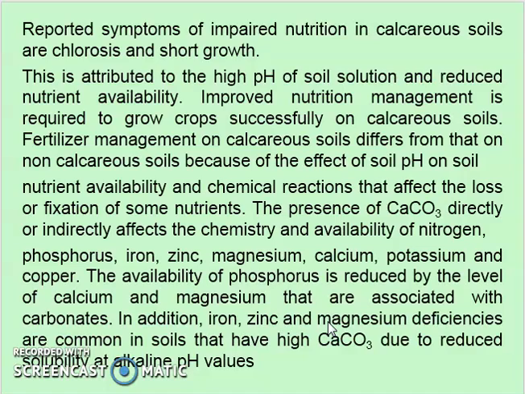The availability of phosphorus is reduced by the level of calcium and magnesium that are associated with carbonate. Calcium and magnesium associated with bicarbonate precipitate as calcium carbonate. Furthermore, iron, zinc, and magnesium deficiency are common in this type of soil due to reduced solubility at alkaline conditions.